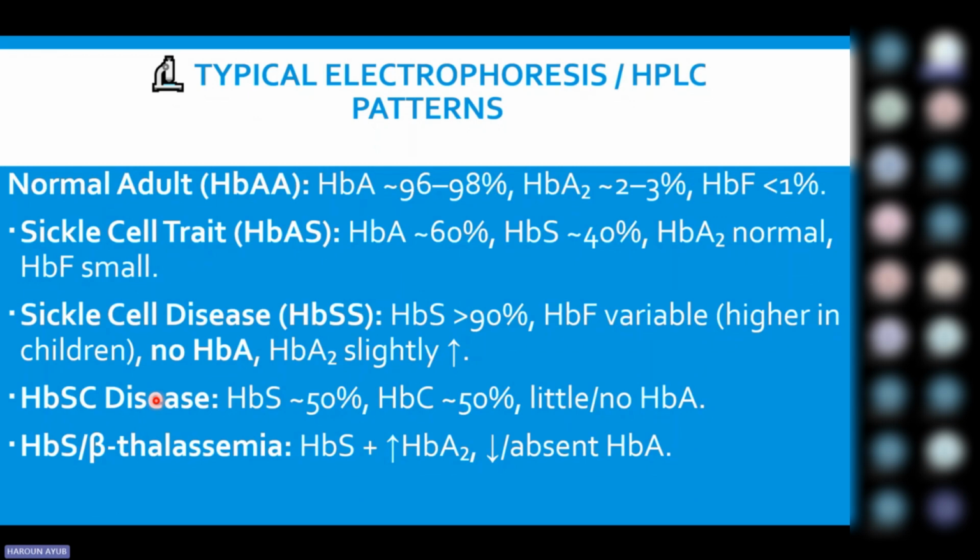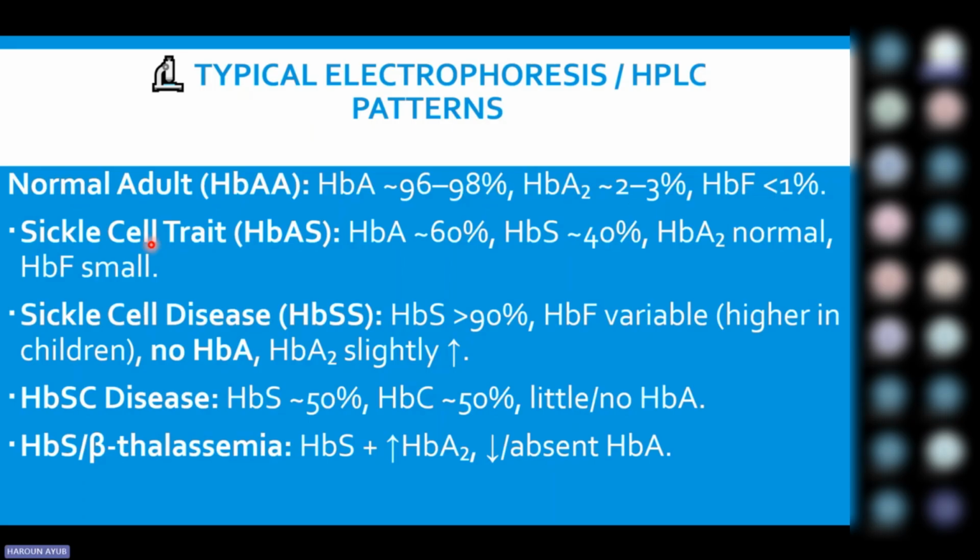A normal adult will have HbA of 96 to 98%, while HbA2 is between 2 and 3%. At any point you find HbA represented as 100%, this calls for a retest. HbF might be present, but it should be less than 1%.